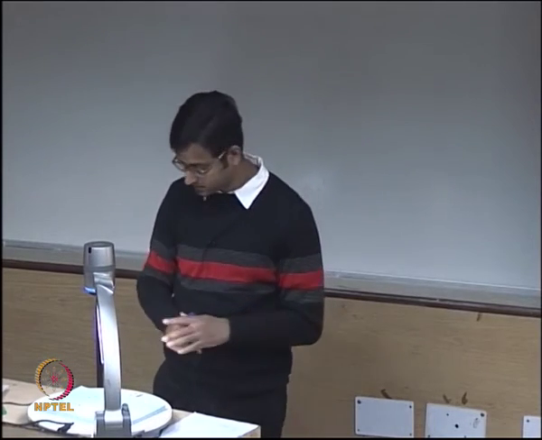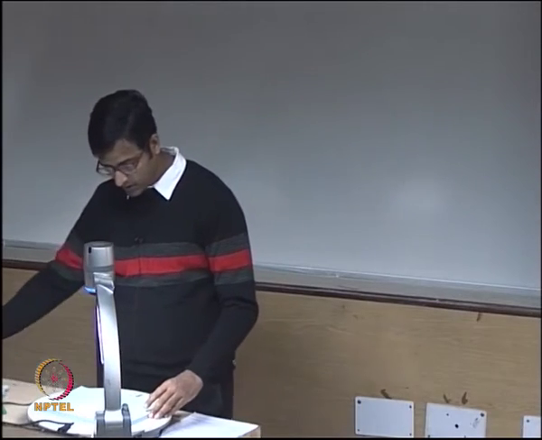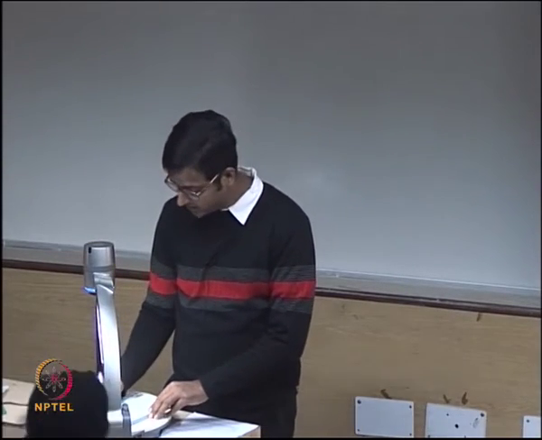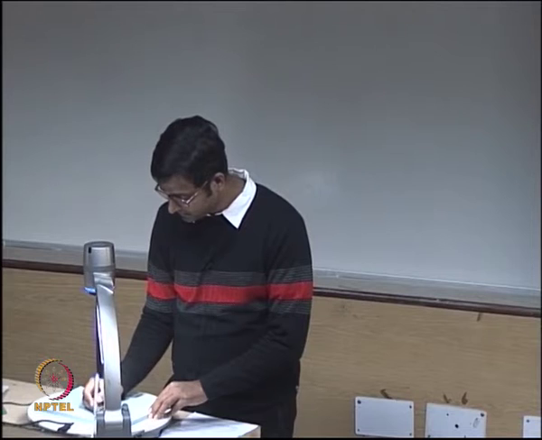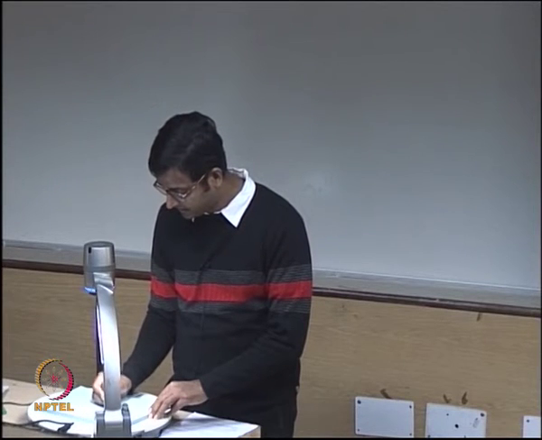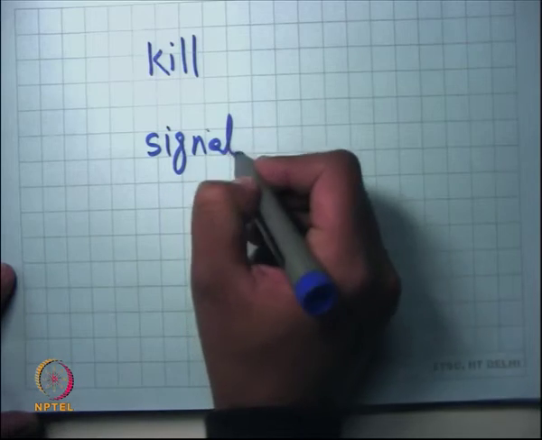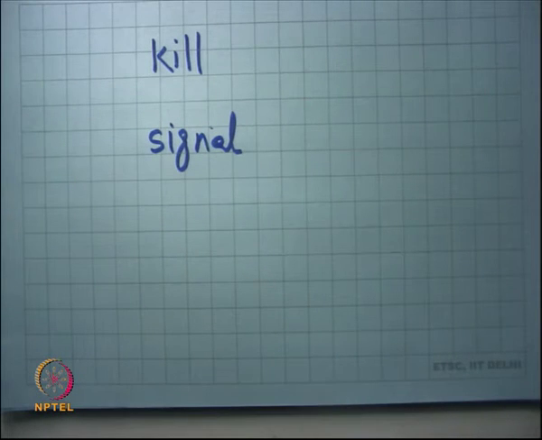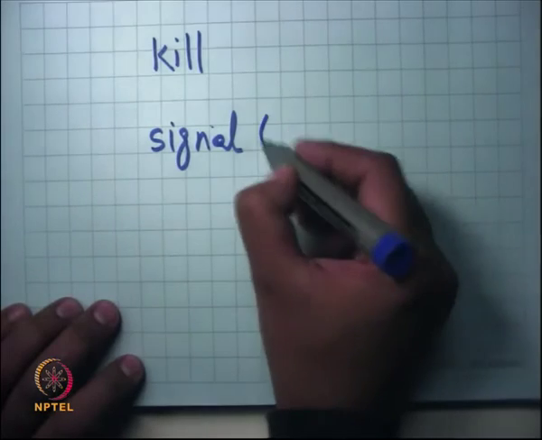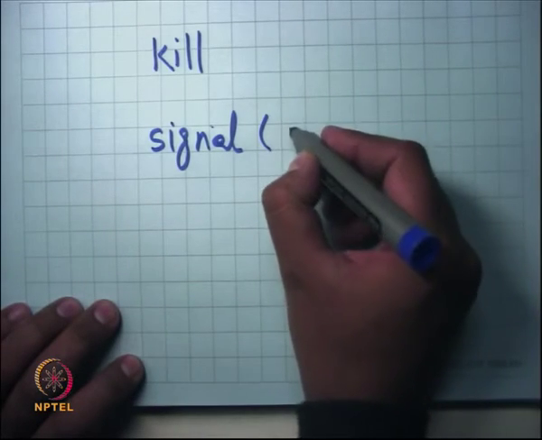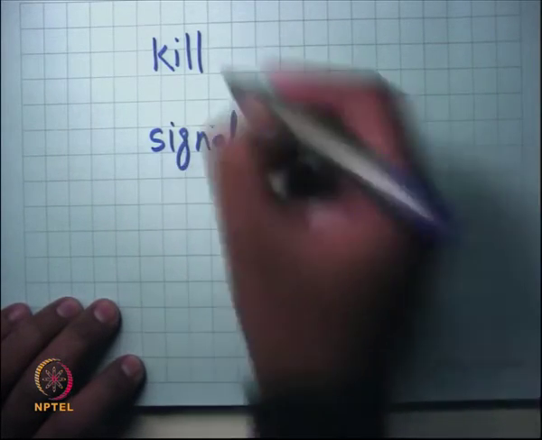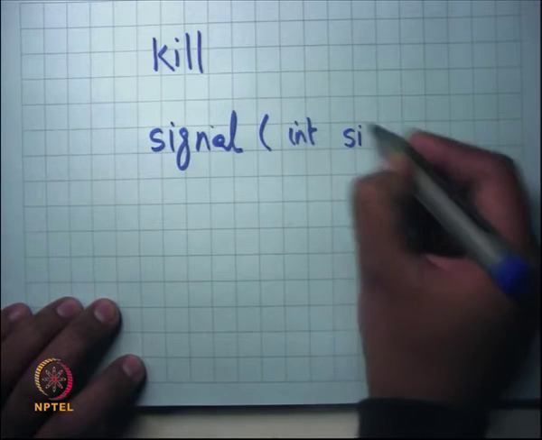So you want some kind of event-driven abstraction for a process to be able to do more than just sequential execution. There are two system calls on Linux. One is called kill, and another is called signal, which support this Unix signals abstraction. Both of these are system calls, and signal takes two arguments.